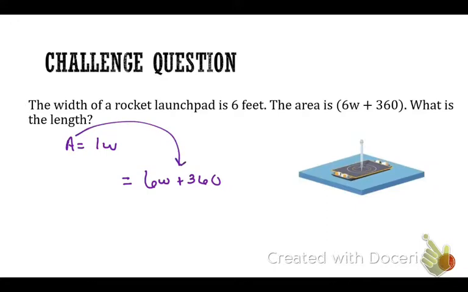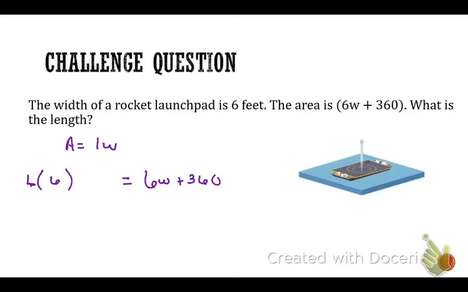So that's my area. Now I know that length times width equals that. So length, which I don't know, times the width. I'll do a capital L because little l looks like a one.